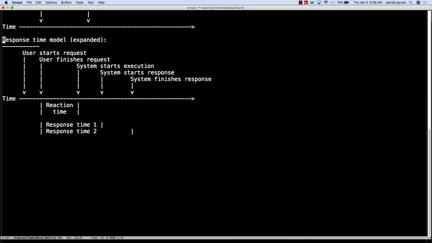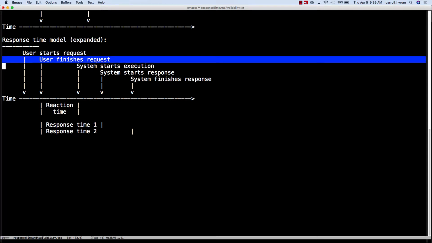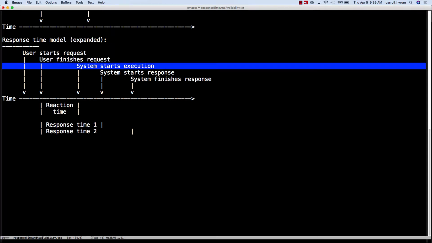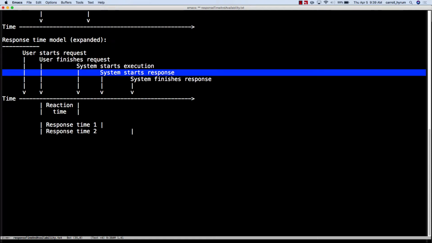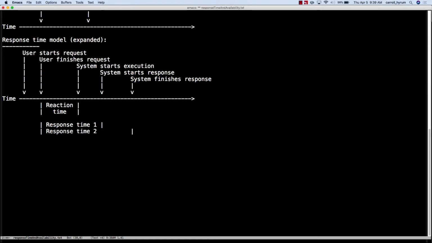Okay, so let's expand this. So now we have the user starts the request, user finishes the request, system starts execution, system starts response, and system finishes response, all along the x-axis. Then the reaction time is generally from when the user finishes the request until the system starts execution.